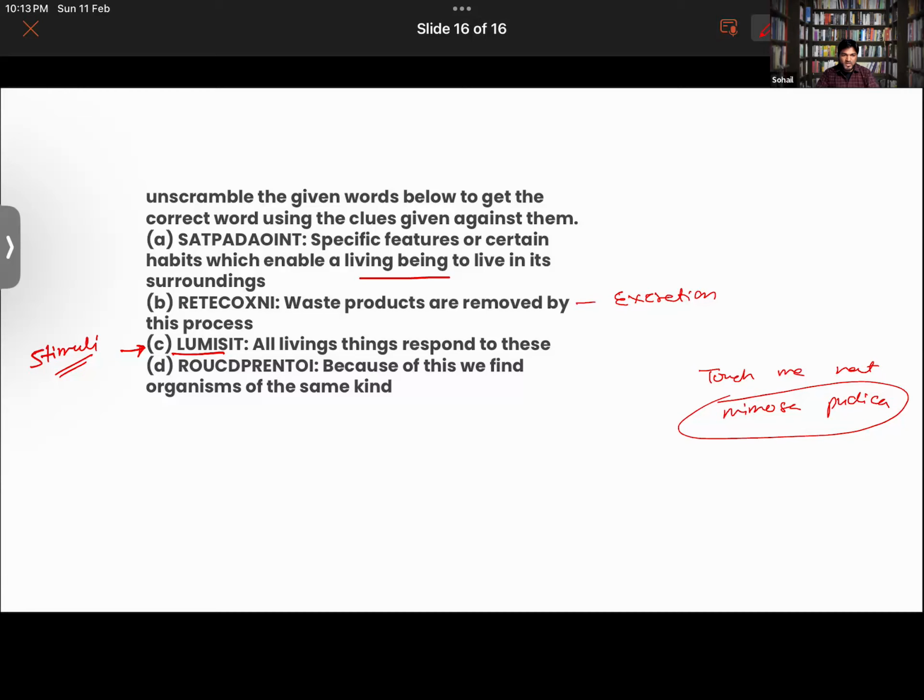The last one, it's very simple. Because of this, we find organisms of the same kind. Okay, take your time, no issues.